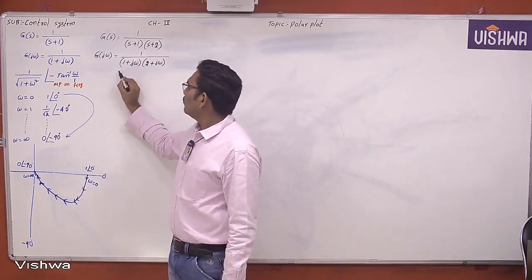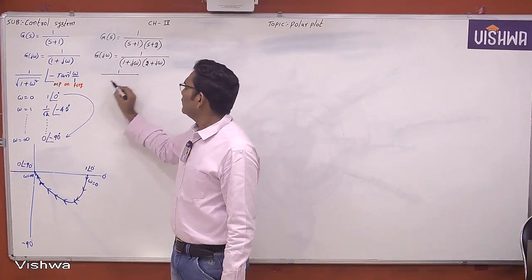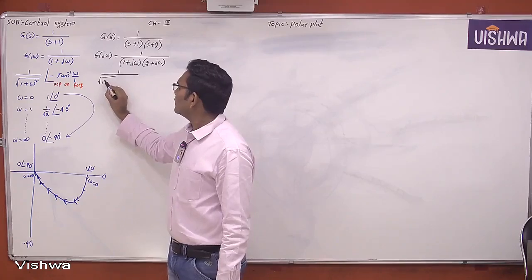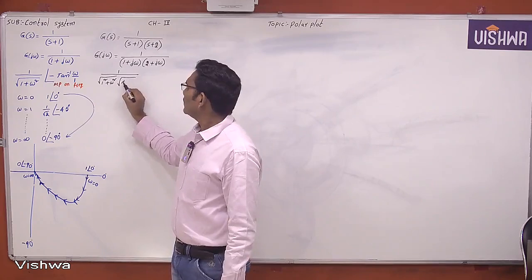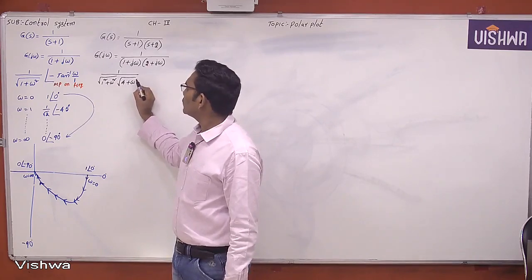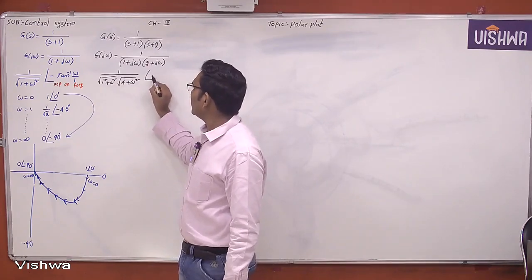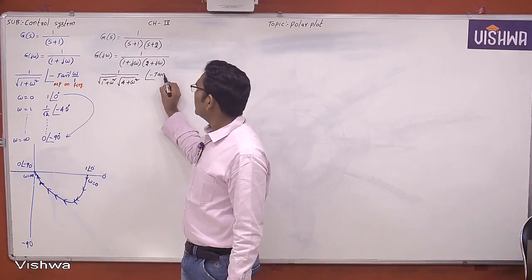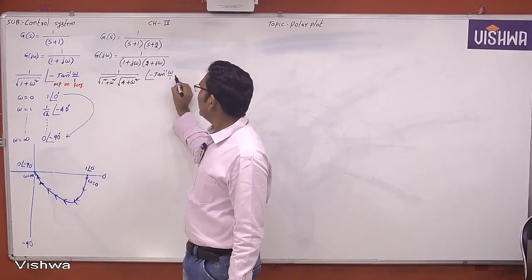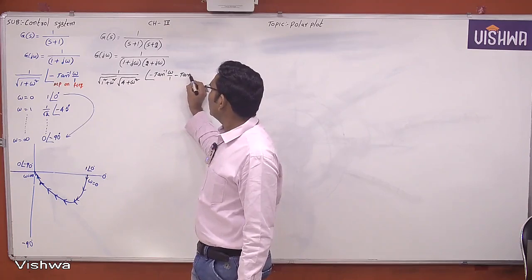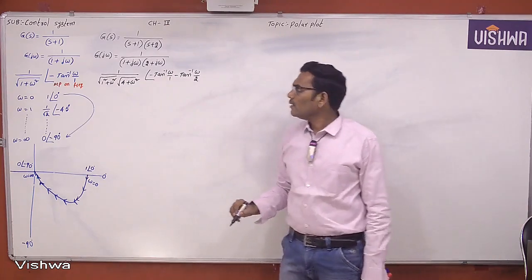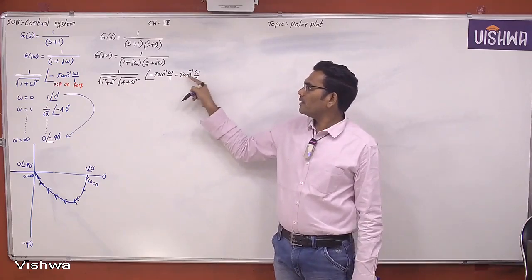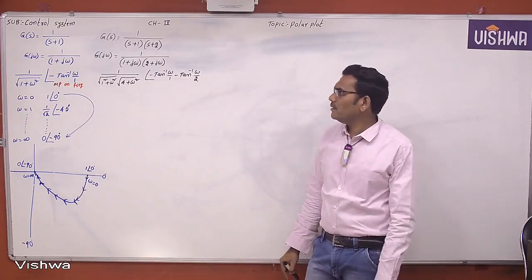Magnitude is 1 divided by square root of a square plus b square. Phase angle comes from the denominator, therefore minus tan inverse omega by 1 minus tan inverse omega by 2.